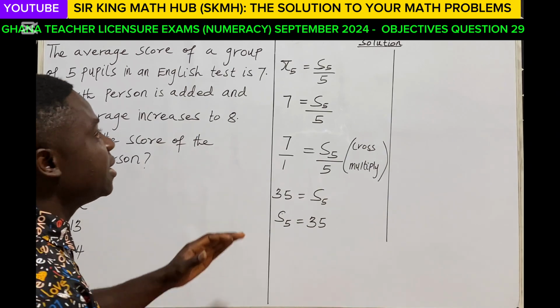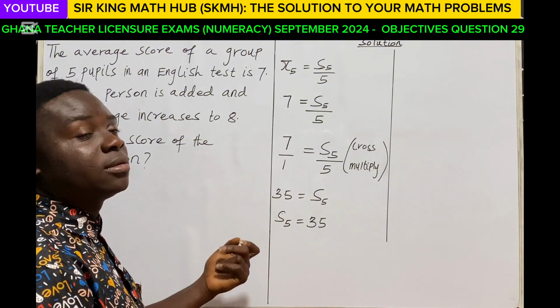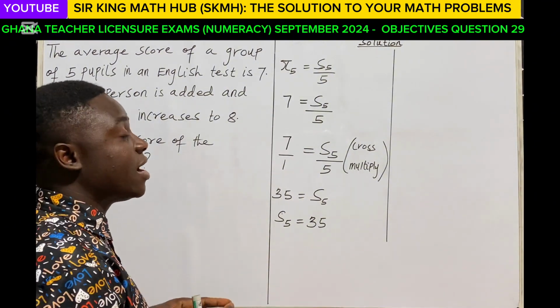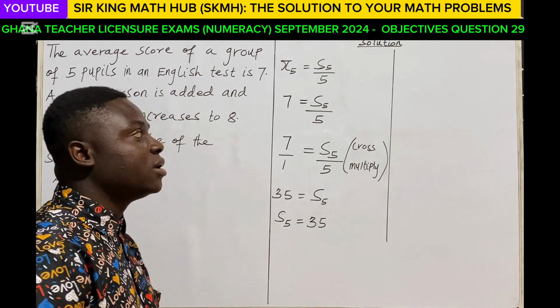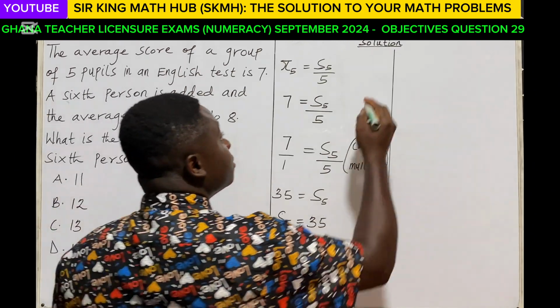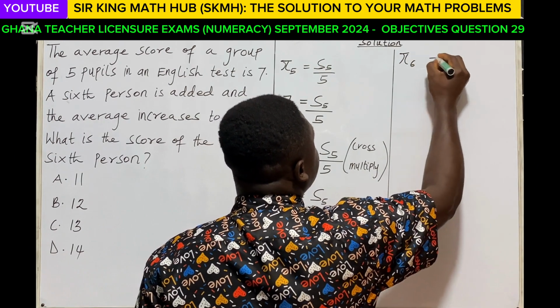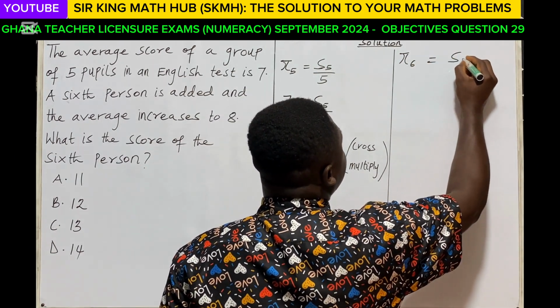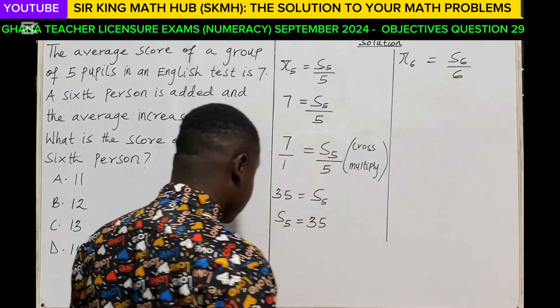Initially there were 5 people. Now they've added another person. So meaning that we now have 6 pupils in the class. So how do we create a formula for calculating the average score of 6 pupils? So again, the average score of 6 pupils will be equal to the sum of the individual scores of the 6 pupils divided by 6.